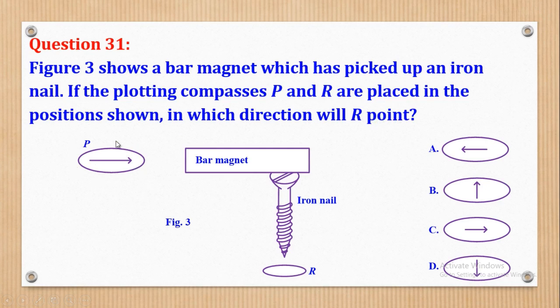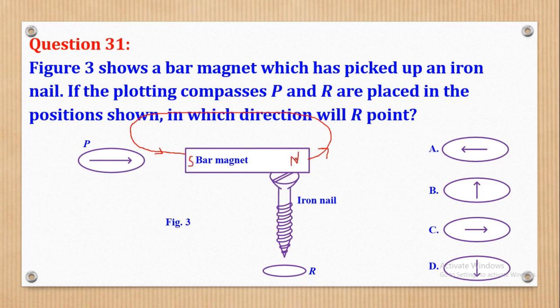So this is P, a plotting compass, and this is R, a plotting compass. So this plotting compass is in this direction, meaning that now the field of this will be in this form, such that if it's in that form, it means that this becomes the north and this becomes the south.